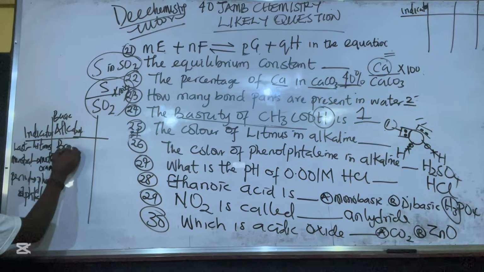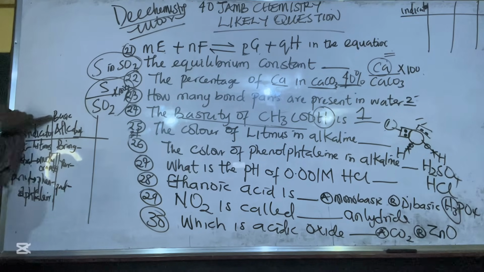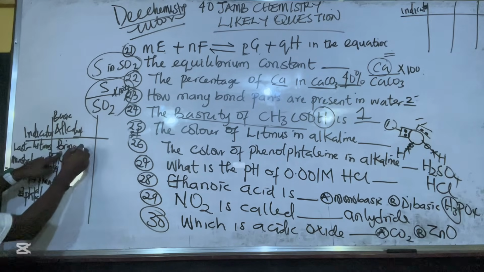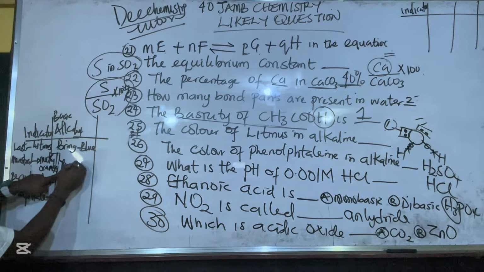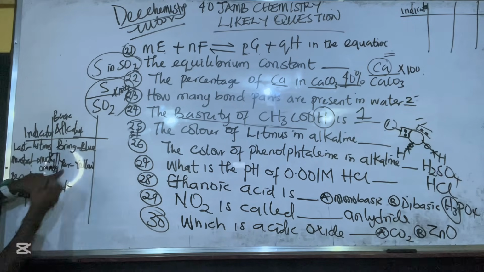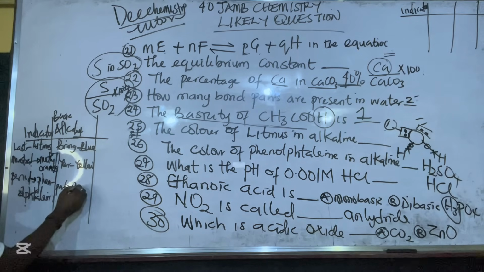What does bring your pad mean? That means litmus paper in basic medium will be B, which is blue. Methyl orange in basic medium will be Y, which is yellow. The period here, which is phenolphthalein, here it is pink, not purple.